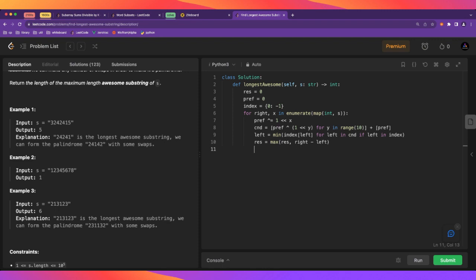So if we already added an index for a prefix, then we don't want to update it, because that's going to change the index to a bigger index. That's not what we want. So if the prefix is not in index, only then we set the right index to it. And that should be it.